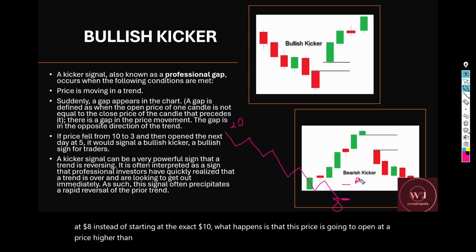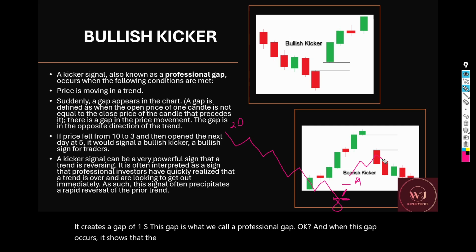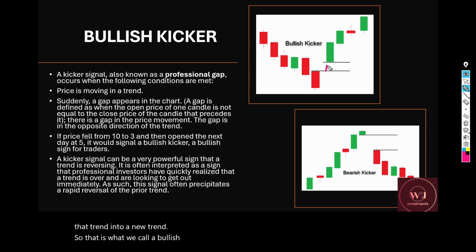Let me say $9. So it creates a gap of 1. So this gap is what we call a professional gap. And when this gap occurs, it shows that the trend has stopped, and we are looking to reverse from that trend into a new trend. So that is what we call a bullish kicker, or a bullish professional gap.